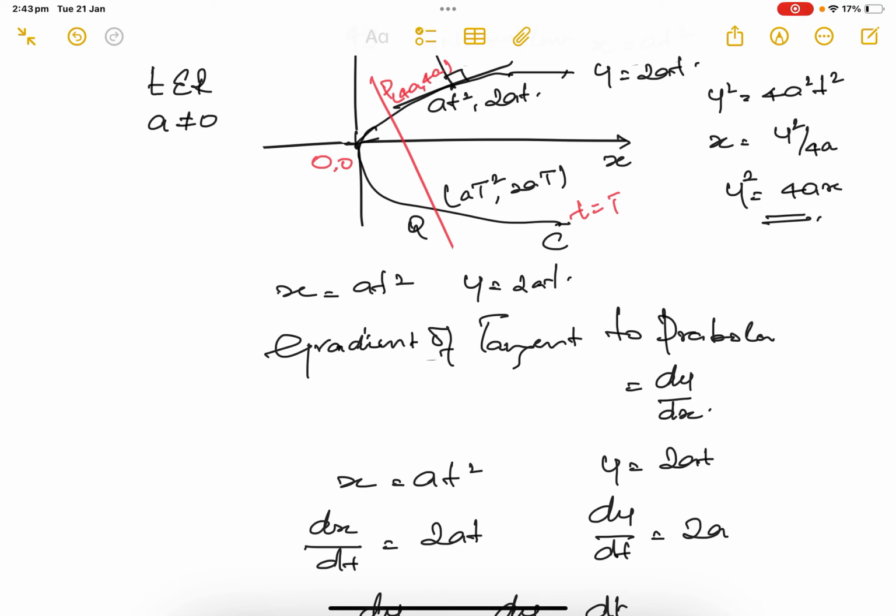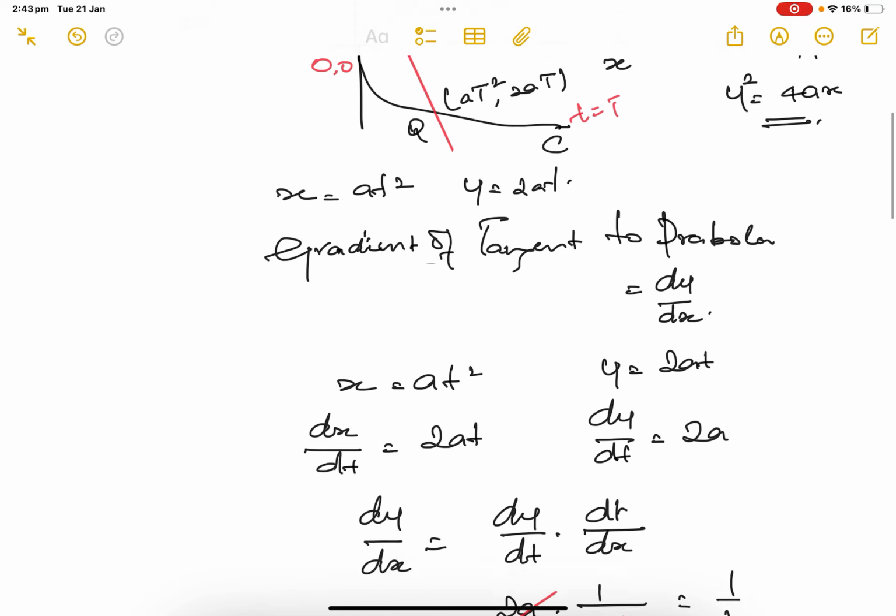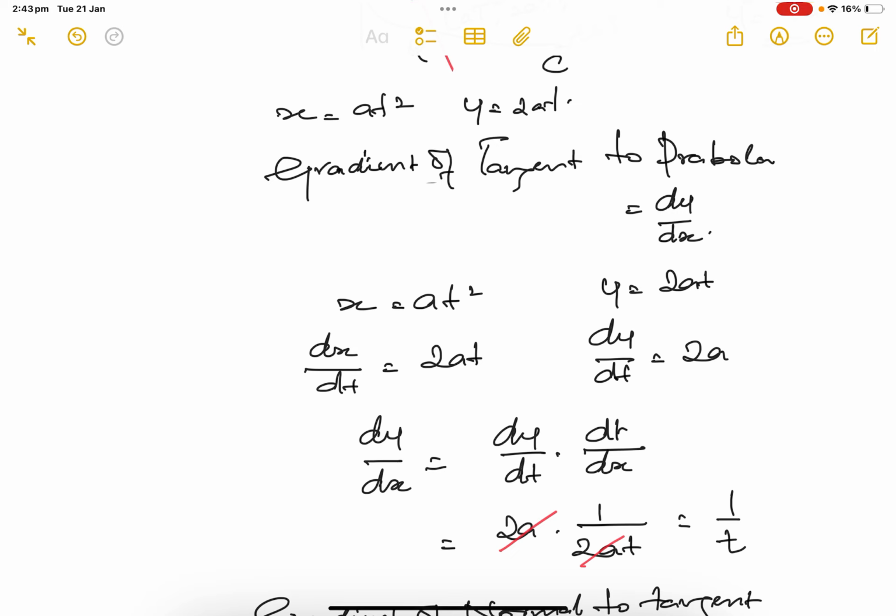The gradient of a tangent to a parabola or any curve is always given by dy over dx, as a standard property, a differentiation property, a curve gradient property. So, we know x equals at squared, so dx over dt is 2at. And y equals 2at, and dy over dt is 2a.